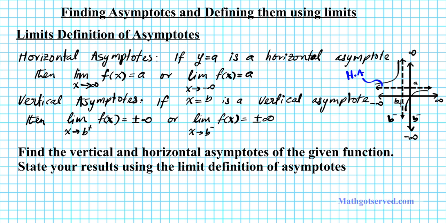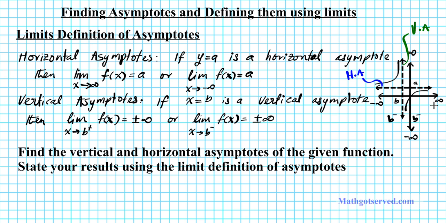Now look at this vertical asymptote. What is the function doing as it gets arbitrarily close to this b value of x? It tends towards infinity when approaching from the left and negative infinity when approaching from the right. That makes this line a vertical asymptote. This is what these two limit definitions of asymptotes are saying.